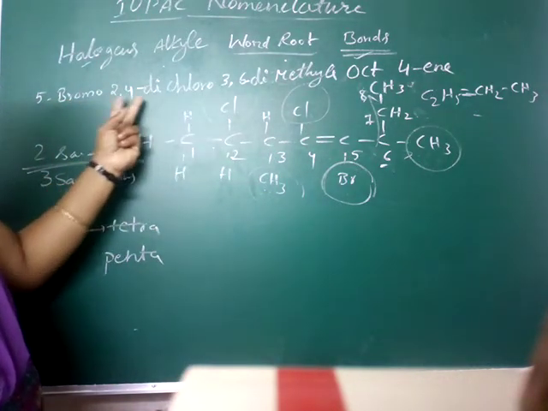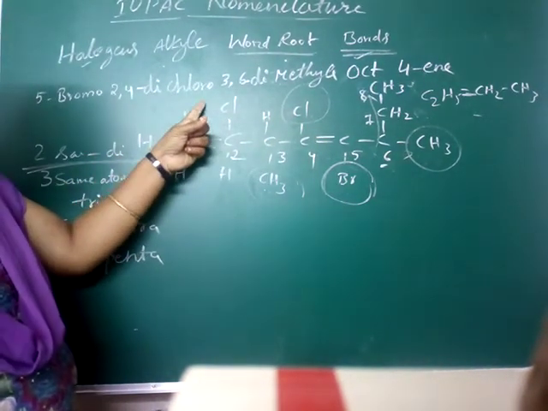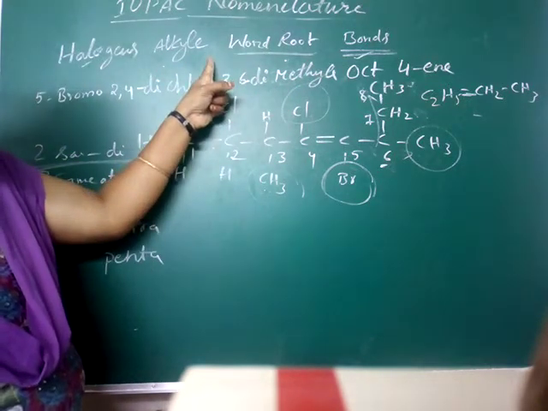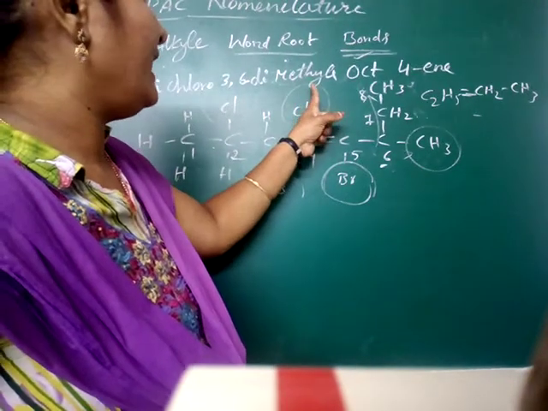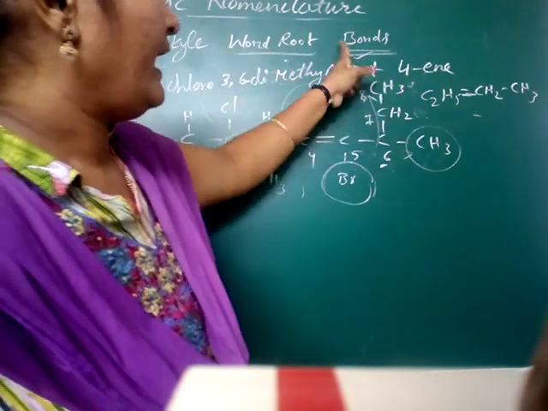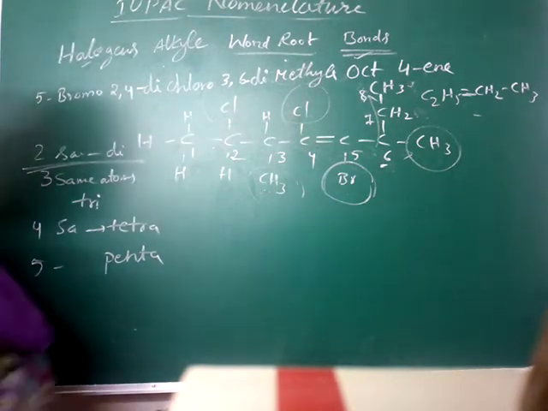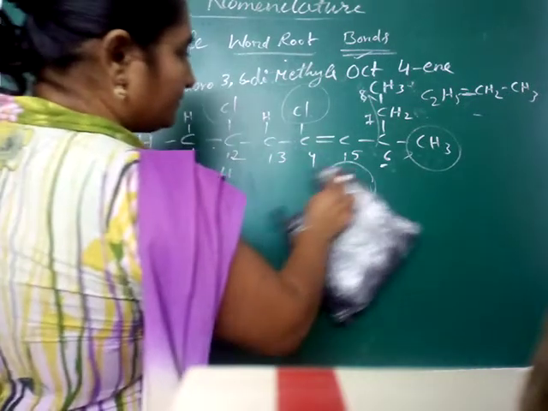That means 2 also chlorines only. That's why 2,4 dichloro, and 3,6 dimethyl. Then after you have to write the alkyl group. 3,6 dimethyl. Oct is the word root, and 4-ene bonds you are writing. Okay, do you understand?